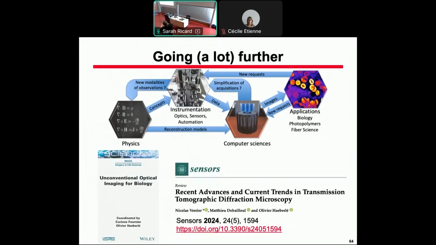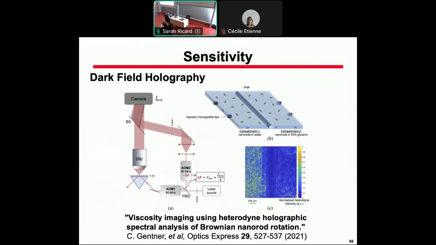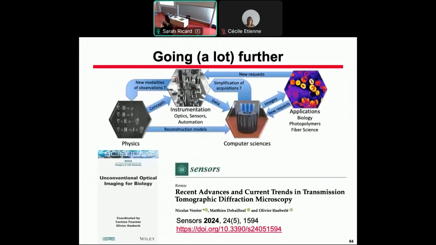In some cases, we transform, and then you have nice images, but of course, everybody wants new images. Or in computer science, they ask for simplified acquisitions, which is interesting because then you can go faster. But sometimes you have to redesign and go back to practice.